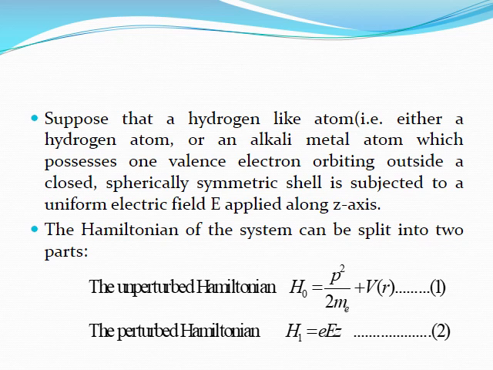First, the unperturbed Hamiltonian, written as H0 = p²/2me + V(r). This is our equation 1. The second one is the perturbed Hamiltonian, written as H1 = eEz. This is equation 2.